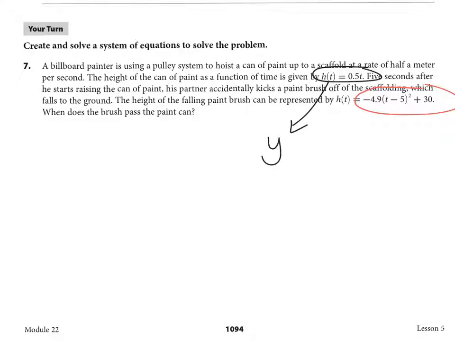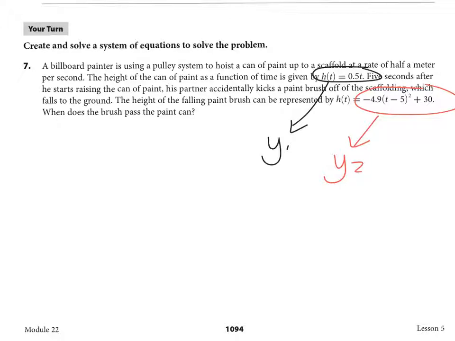So I'm going to put this one for y1. I'm going to put this one for y2. And in this case, I'm going to use the calculator again because you've got decimals. Anytime you have a decimal, it's just kind of easier to use the calculator. So I'm going to go back to Zoom 6 standard.